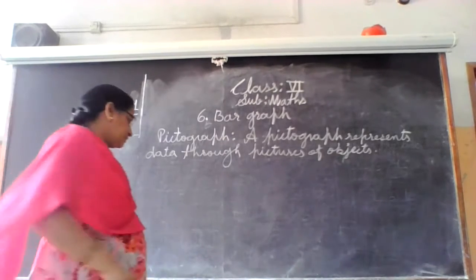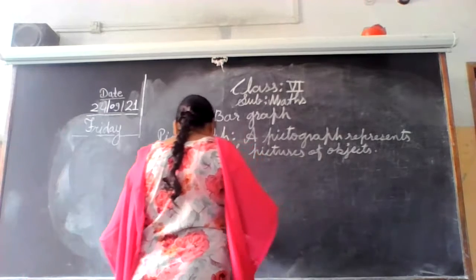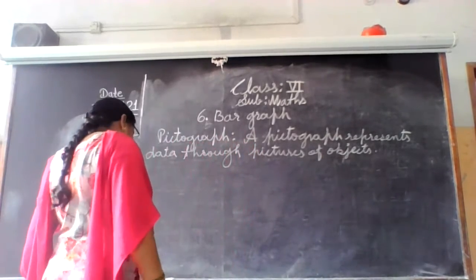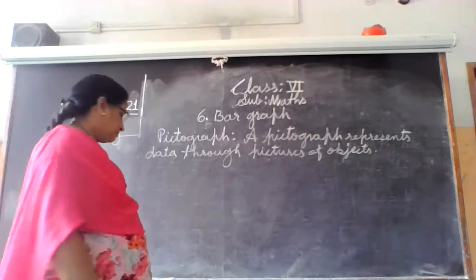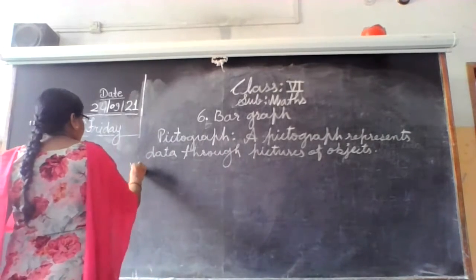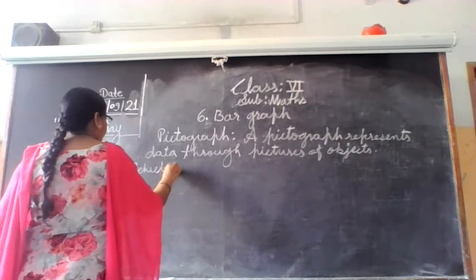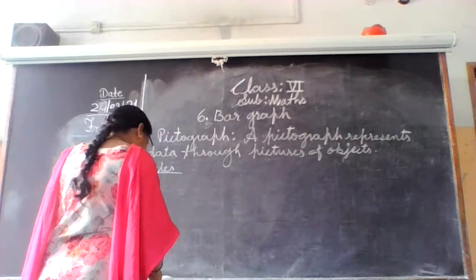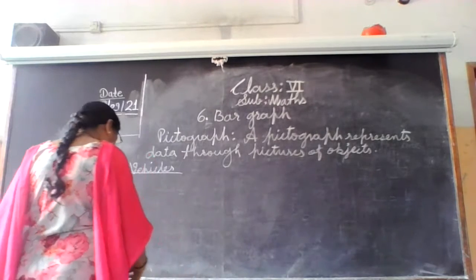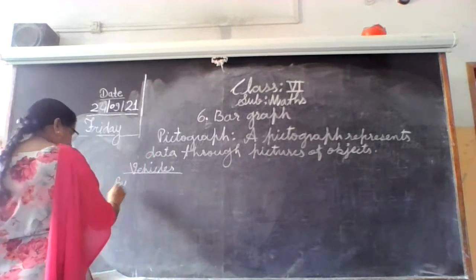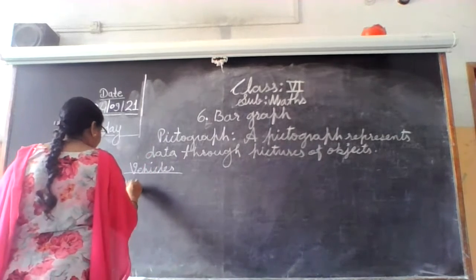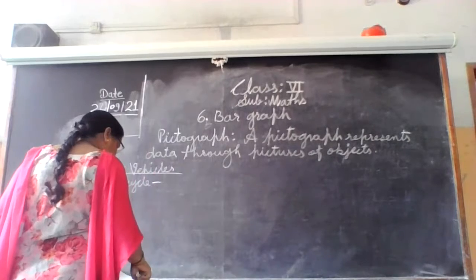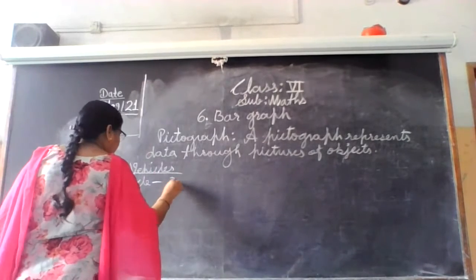For example, see children. Here, different types of vehicles are given. Number of bicycles is 30.